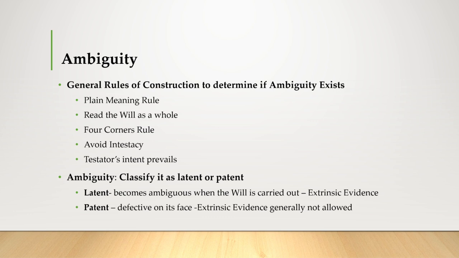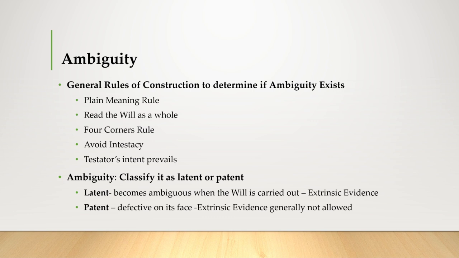One thing that is confusing with respect to ambiguities is oftentimes we look to extrinsic evidence, like a dictionary, for example, just to come back and say there is no ambiguity. So don't get confused about the extrinsic evidence piece, because oftentimes the courts will look outside the will to come back and say there is no ambiguity.